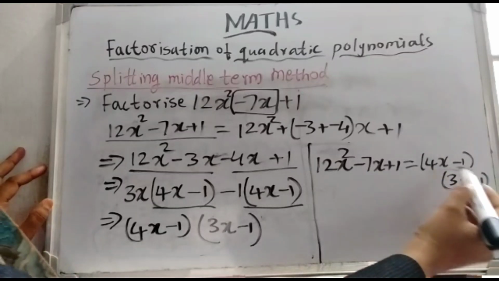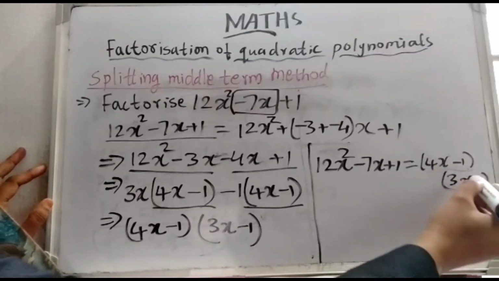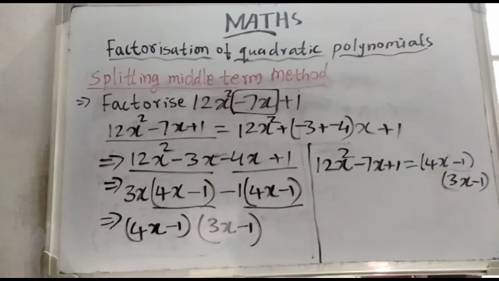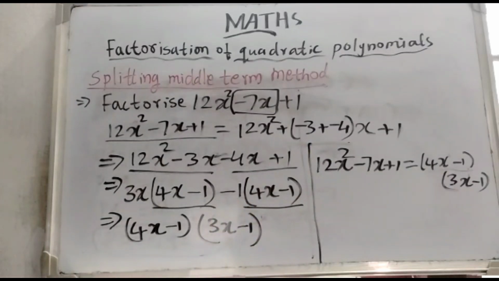Linear means degree 1. See, 4x minus 1, degree 1, and 3x minus 1, degree 1. Clear? This is the method how to factorize a quadratic polynomial using the splitting middle term method.